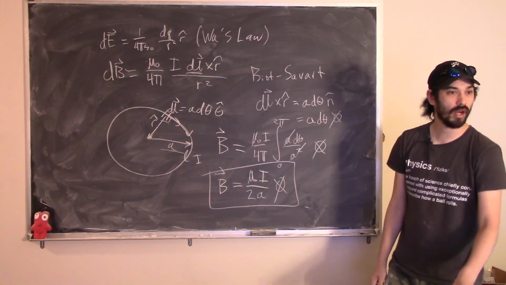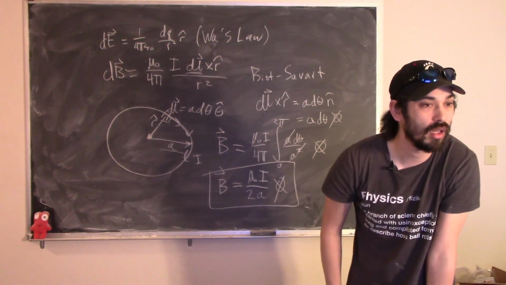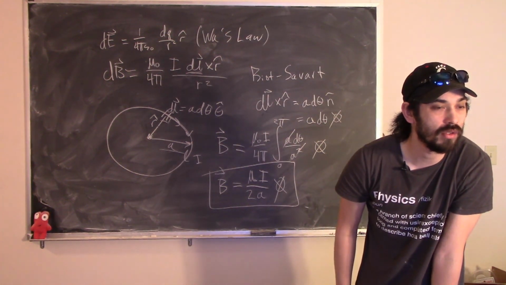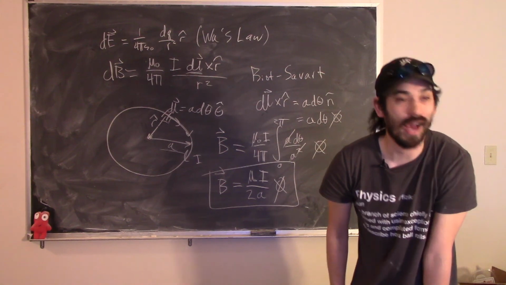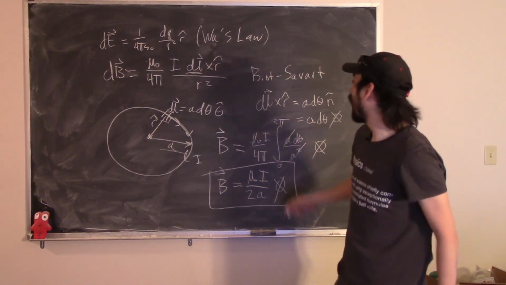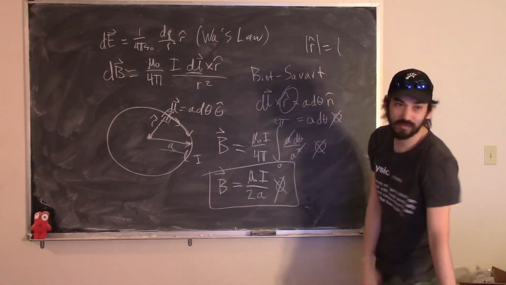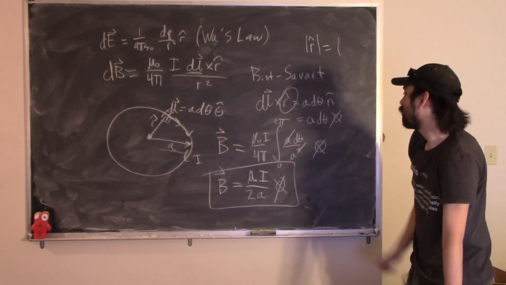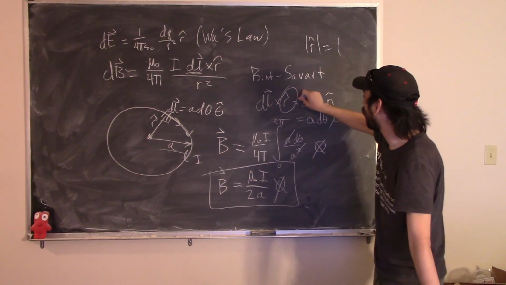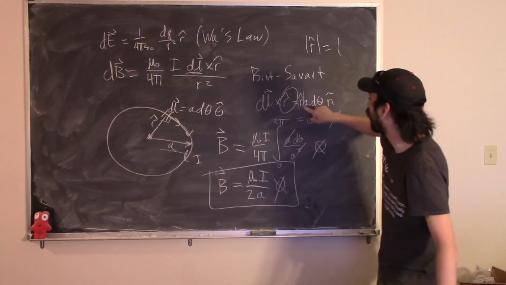Okay? Is r hat just left as a vector, or do you need to know the magnitude of it? So r hat's a unit vector, right? So the magnitude of this is always 1. Yeah. So I implicitly have that here. So this is times the magnitude of r hat.